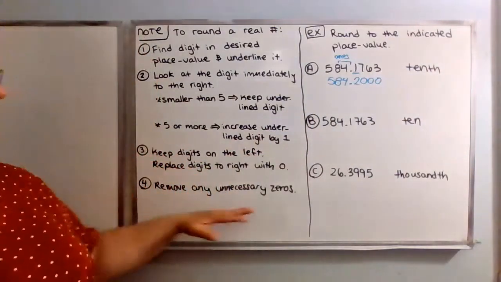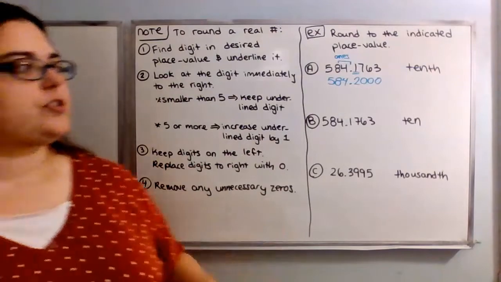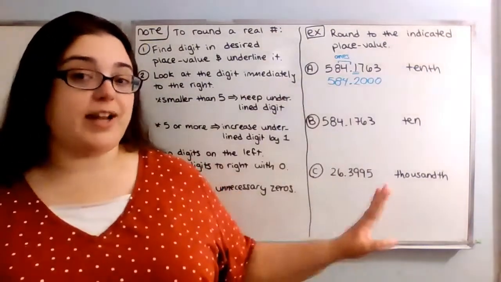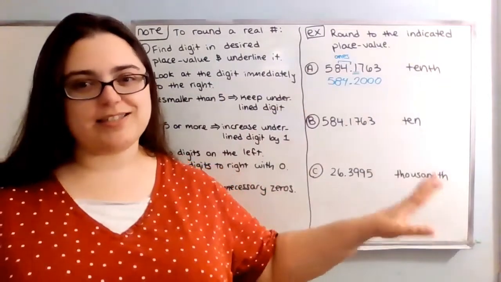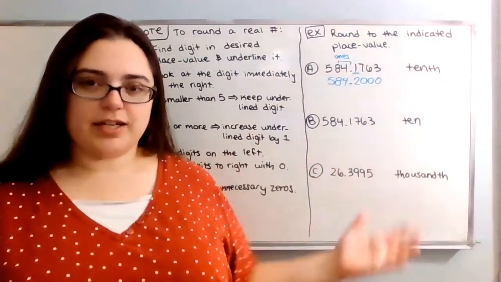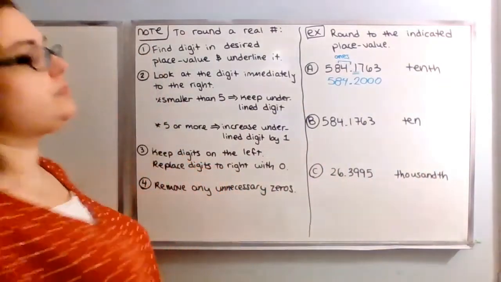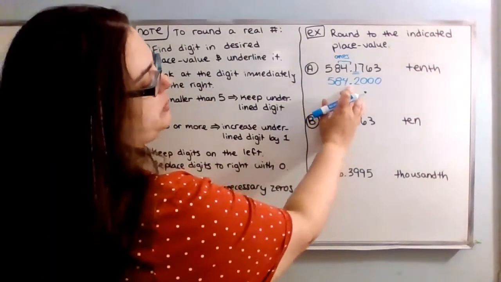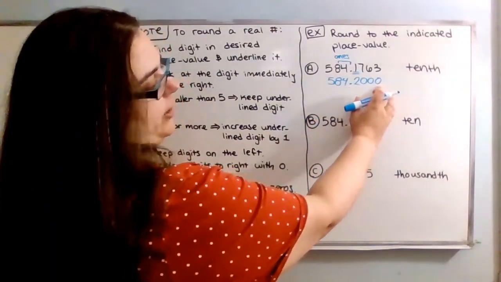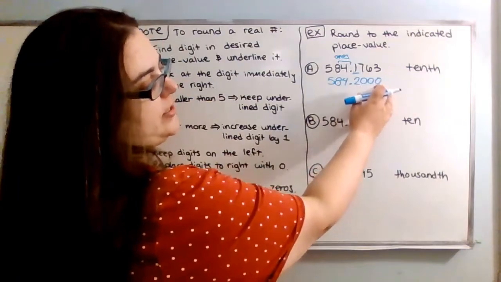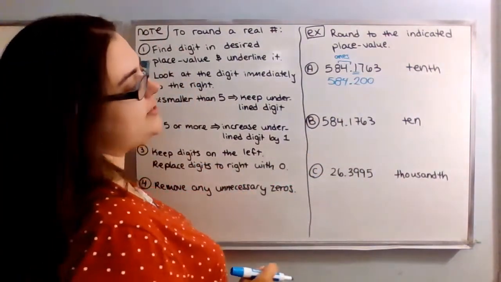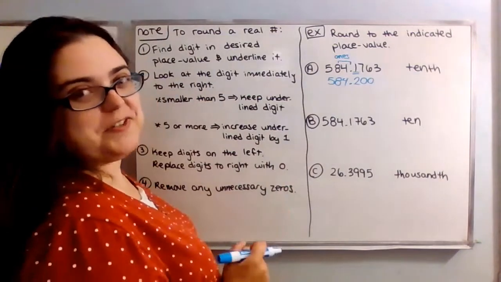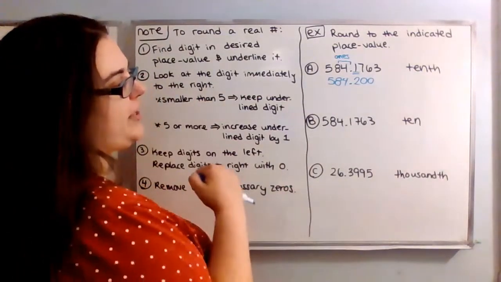To finish off, we're going to remove any unnecessary zeros. Remember, if it's on the right-hand side of a decimal point and it's the last digit and it's a 0, then it's unnecessary. We can get rid of it. So if I look, here's my decimal point. The last digit all the way on the right is a 0. So it's unnecessary, which means we don't have to write it. I'm just going to erase it. Good reason to use pencil, right? And then we repeat that process.